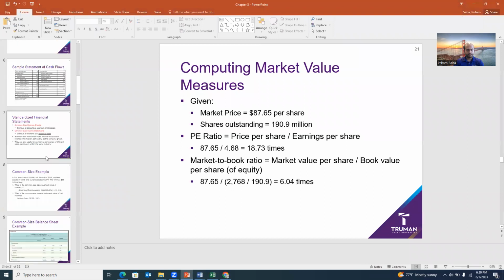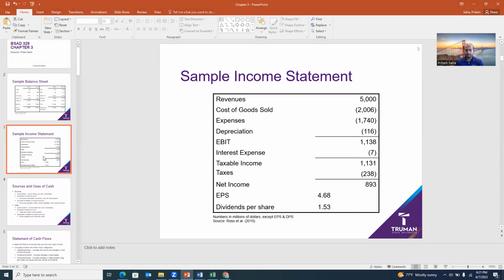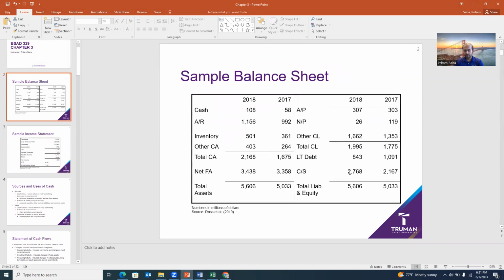If we go up, shareholders' equity, that's basically book value of firm, book value of equity, but in terms of total value, not per share basis. If we divide this 2768 amount by the number of shares of that corporation or firm, you will get book value of equity on a per share basis. So these are some concepts we need to learn.